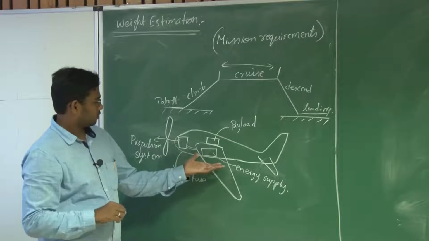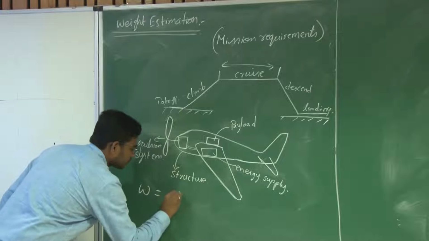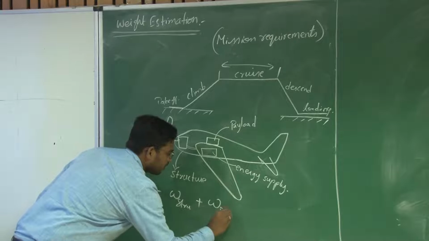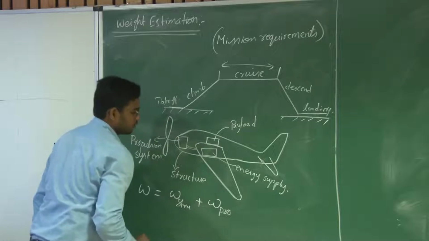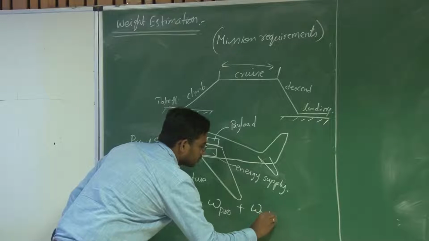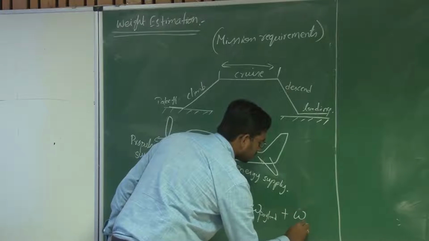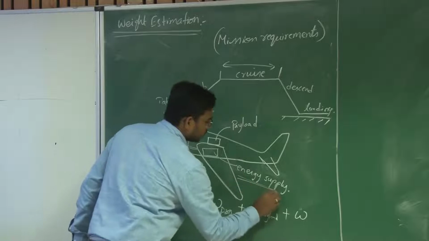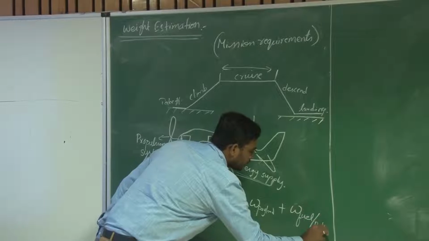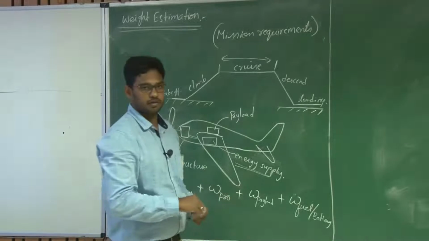So the total weight of this UAV is contributed from structure, power plant or propulsion system, and payload. At the same time you have energy supply. In some cases it is fuel or battery, either fuel or battery.